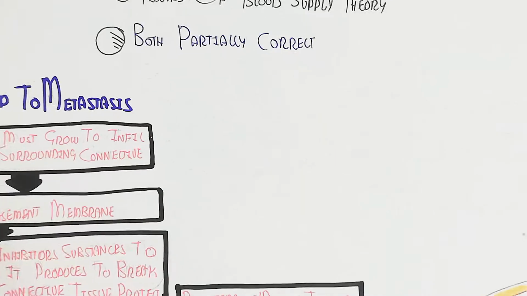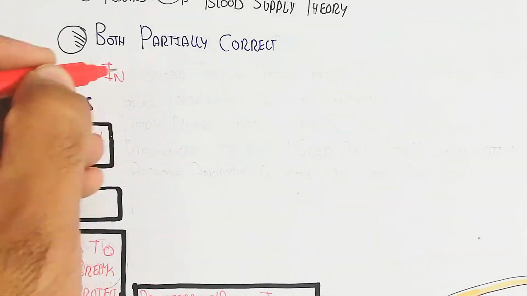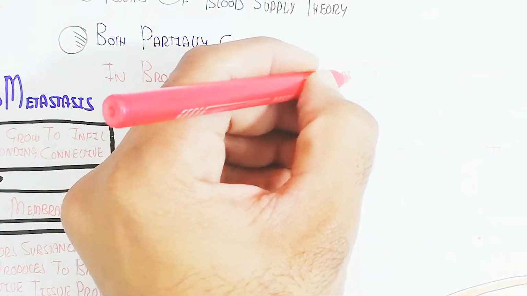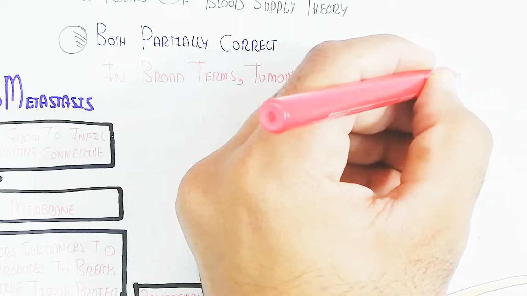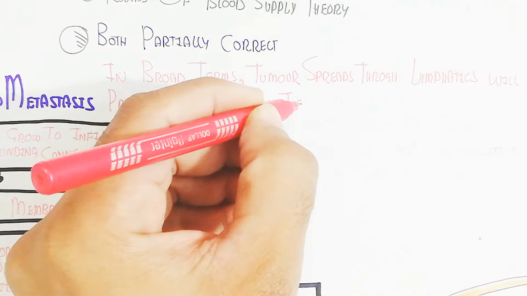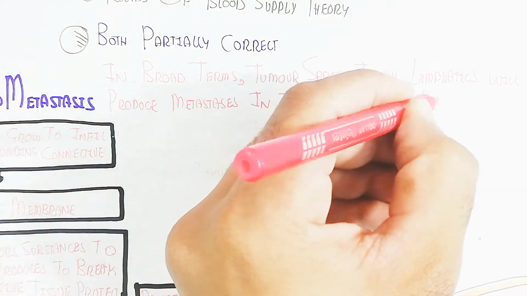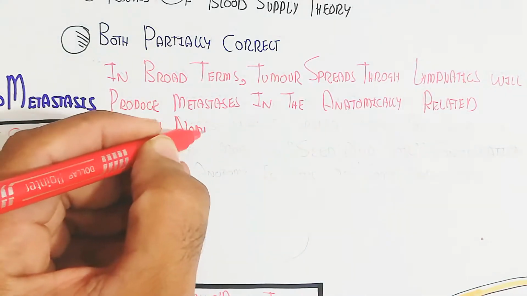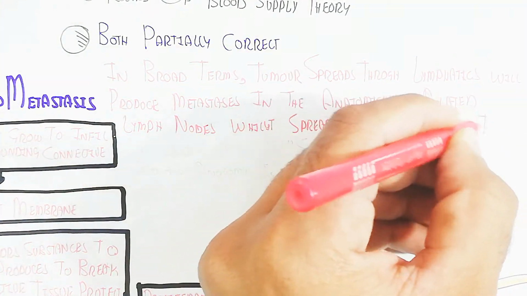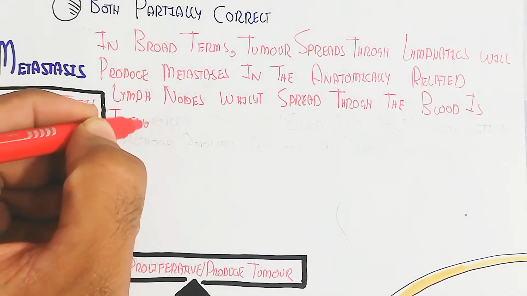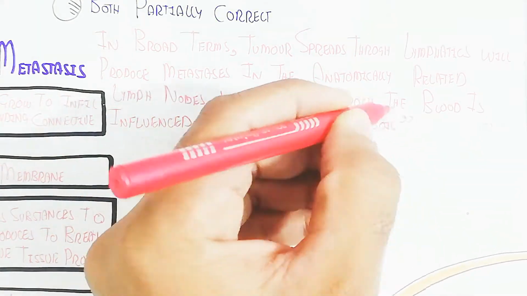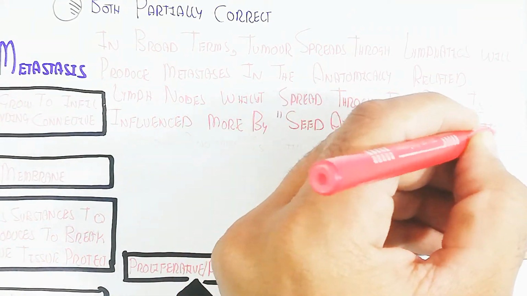The tumor spreads through lymphatics, producing metastasis in the anatomically related lymph nodes, while spread through the blood is influenced more by seed and soil considerations, although anatomy is still of some importance.